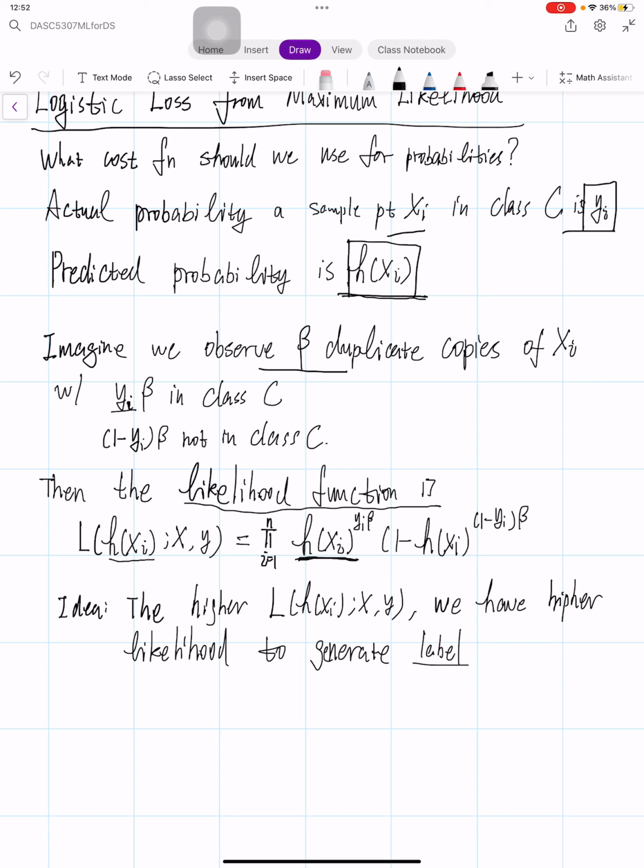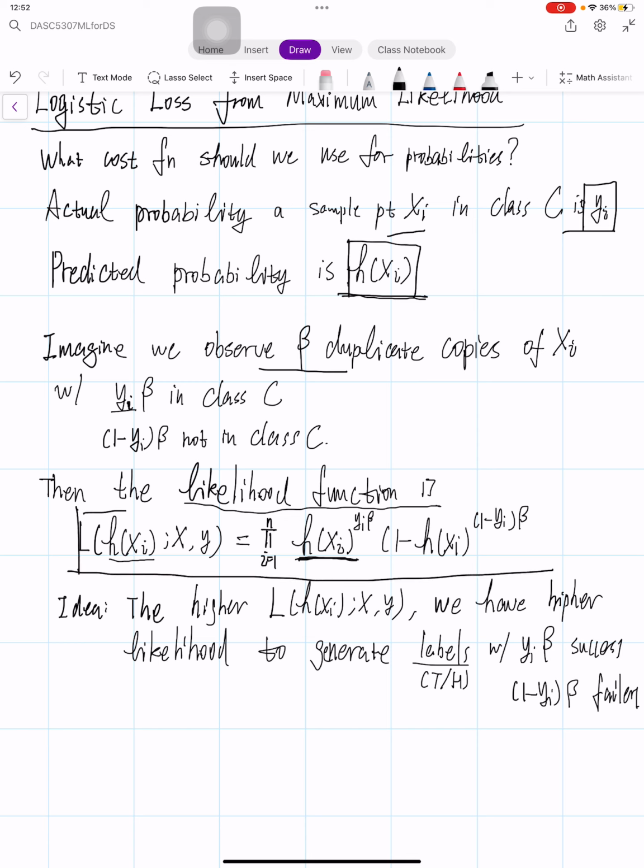You can think of it as tossing a coin, tail or head, generating labels with yi beta successes and 1 minus yi beta failures. Okay, so that's the reason behind this likelihood function.